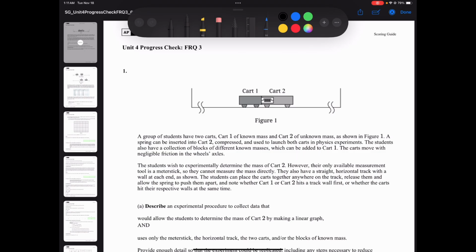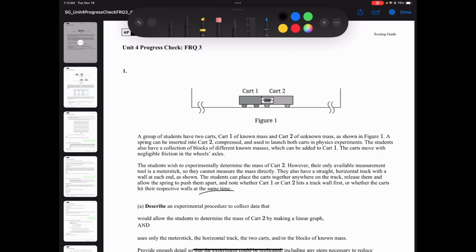They have a straight horizontal track with a wall at each end, and they can place the carts together and release them, and they can detect whether cart 1 or cart 2 hits the wall first, or whether the carts hit their walls at the same time. And that's really what you need to set up this experiment.